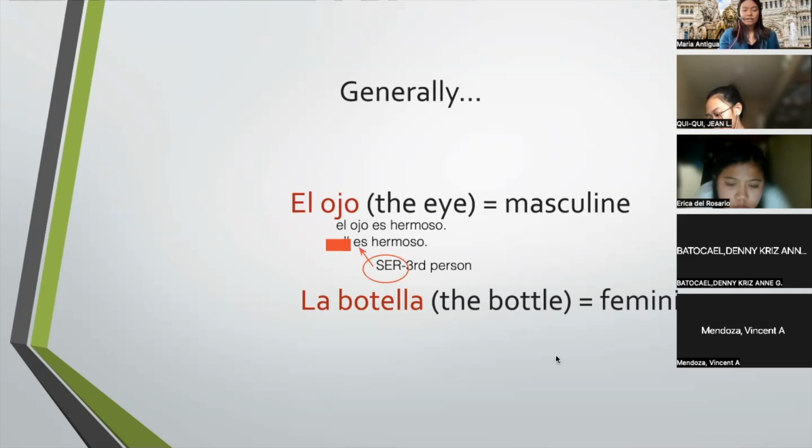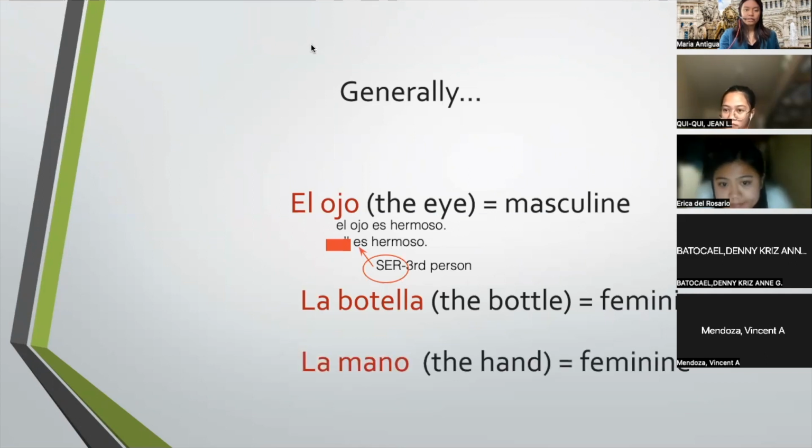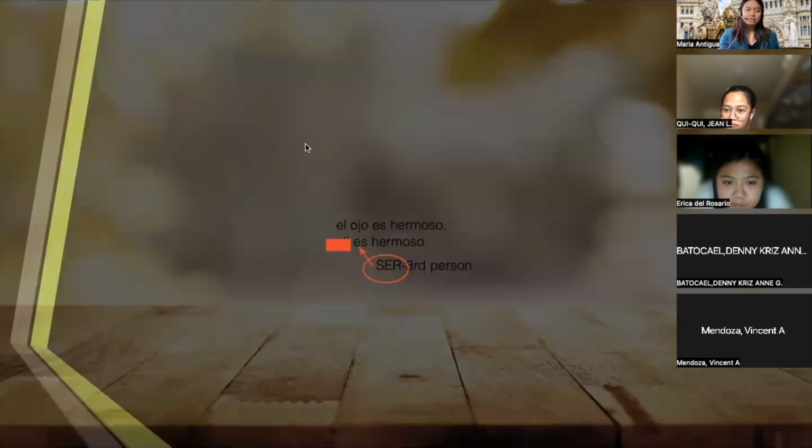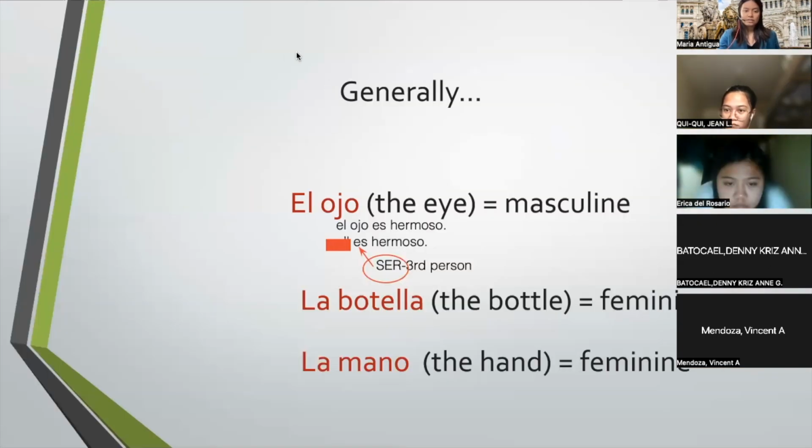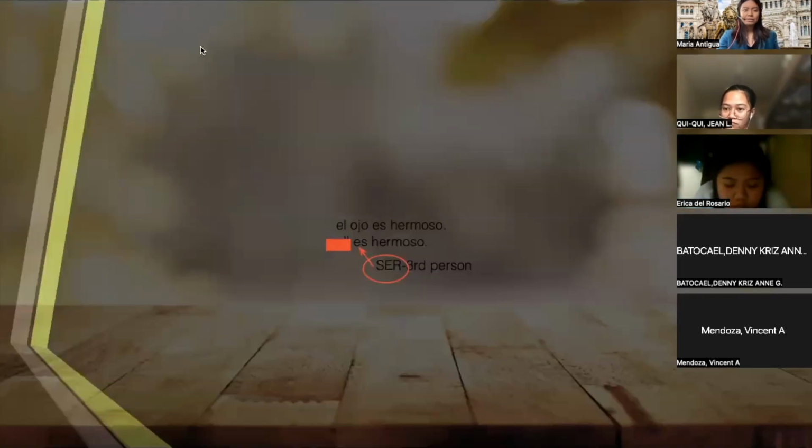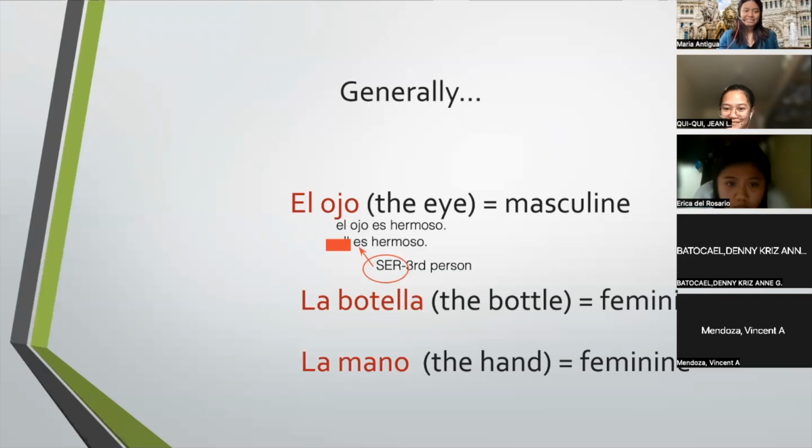Okay. La botella, the bottle, la mano. Okay. So let's do the same thing with la botella. Okay, same thing. Let's say la botella es grande.